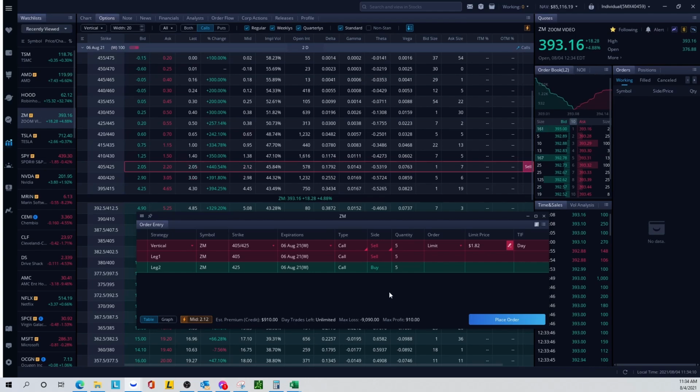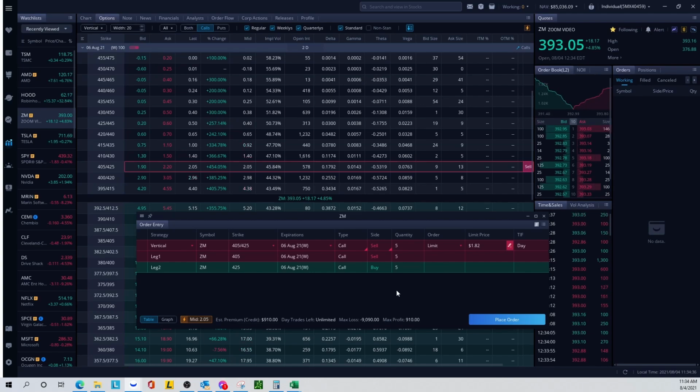I don't advise selling 5 contracts on your first call credit spread or your first put credit spread. Go slow, trade small, understand what it takes to enter the trade, understand how to exit, understand what the P&L looks like when you enter it, because all of the numbers are going to look different.